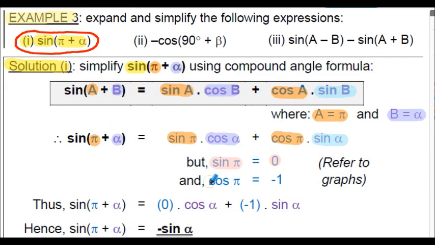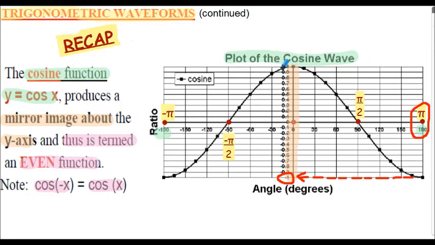And when the angle is pi radians, cos of pi is negative 1. So for our cosine waveform shown here, for an angle of pi or 180 degrees here on the horizontal axis, we read off a ratio of negative 1 on the vertical axis.